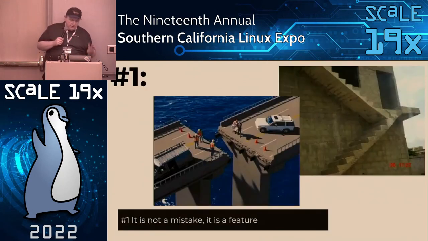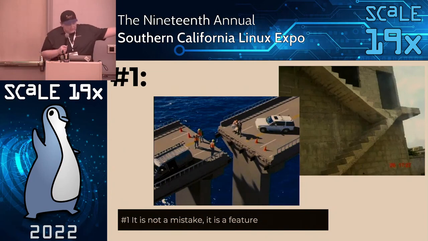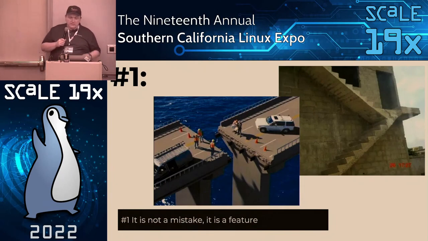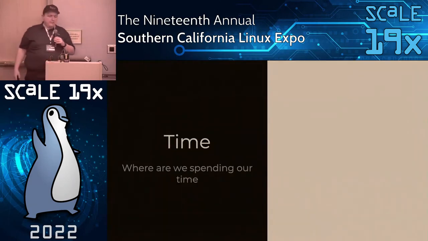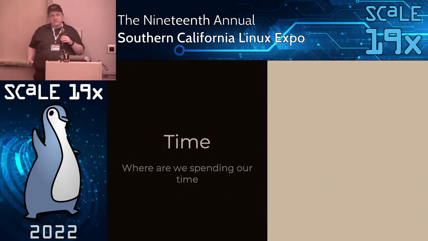Now, the number one issue, okay, is this a mistake or is it a feature? Right? So when we talk about where we are spending most of our time from a database administrator or an SRE perspective, what we're seeing is we're spending most of our time in a few key areas, okay?